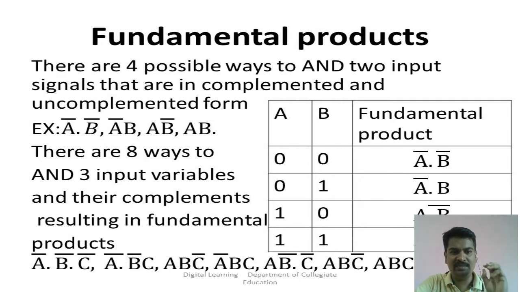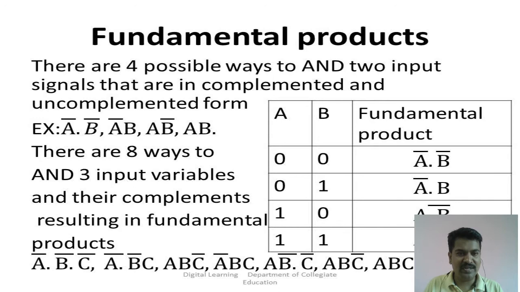There are four possible ways to do a logical multiplication of two input variables, either in normal form or in complemented form. What are the four different combinations? In the first combination we write AB, A dot B, both in normal form.